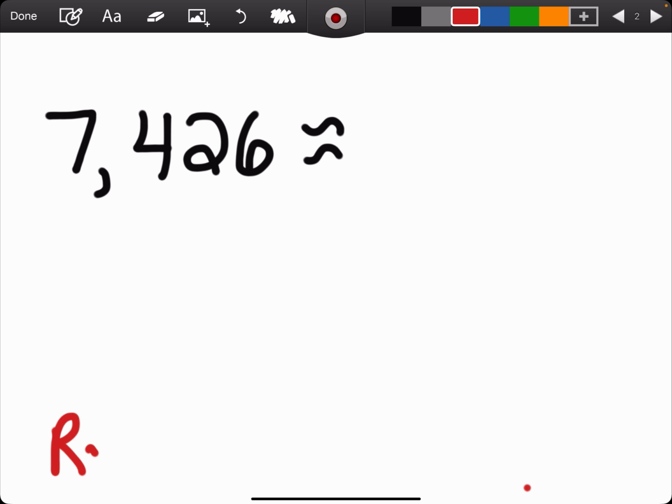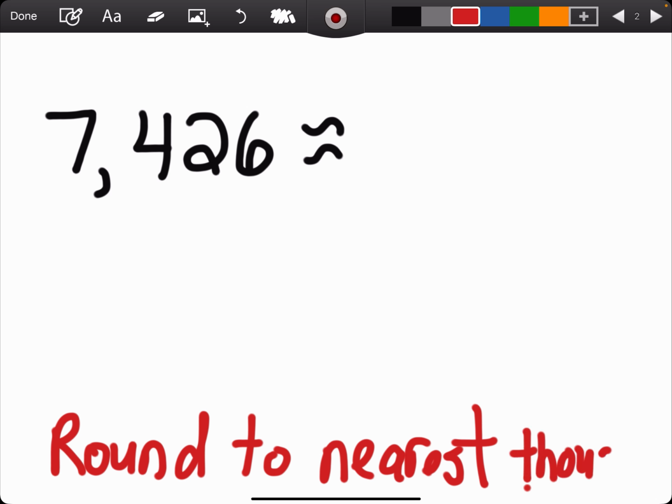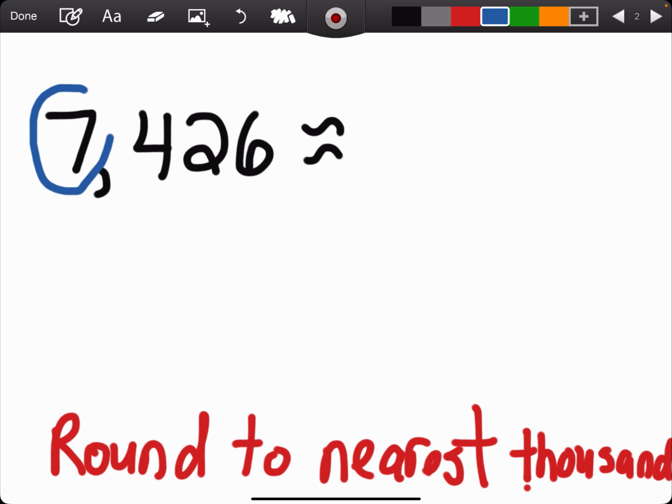We'll round to the nearest 1,000. So if I'm rounding to the nearest 1,000, step 1 is let me identify the digit that's in the thousands place. The digit in the thousands place is going to be the 7. So I'm going to circle the 7, all right?